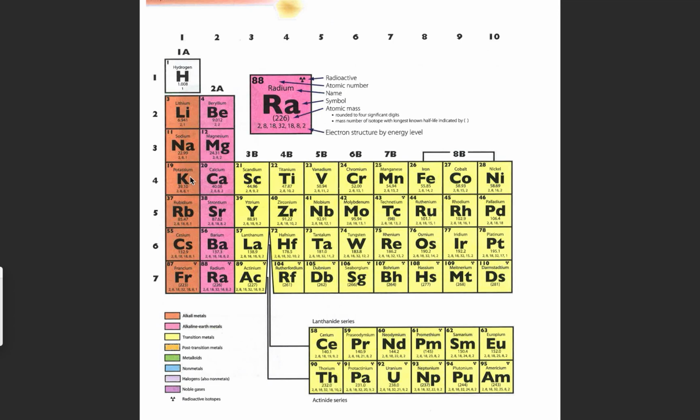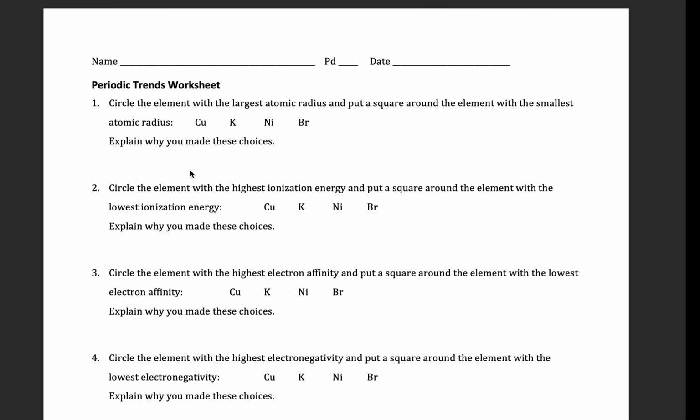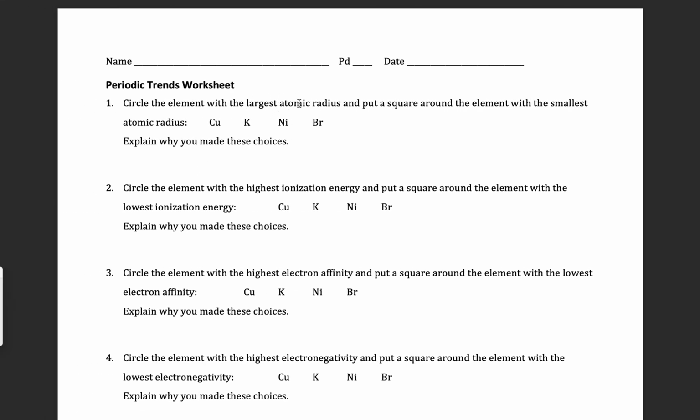So which has the largest atomic radius? The largest atomic radius, it says circle, and that's going to be potassium because it's all the way to the left. Put a square around the element with the smallest atomic radius. Well, bromine is the farthest to the right, so you'd circle potassium and you'd square bromine.